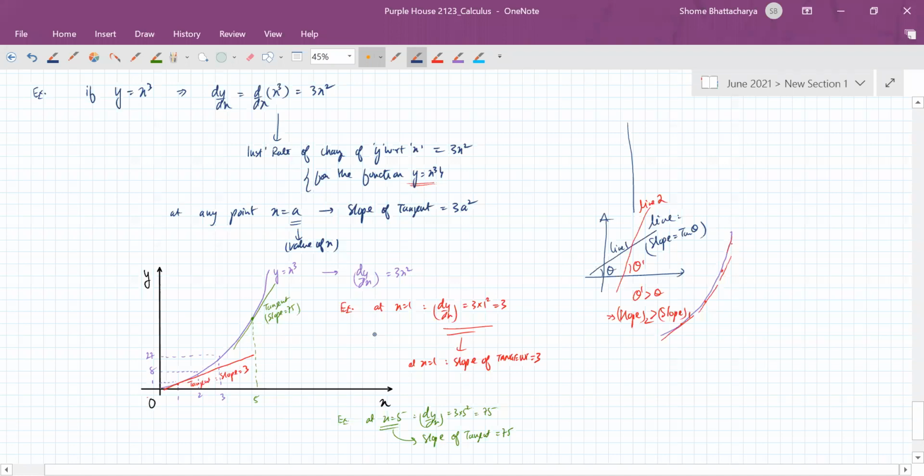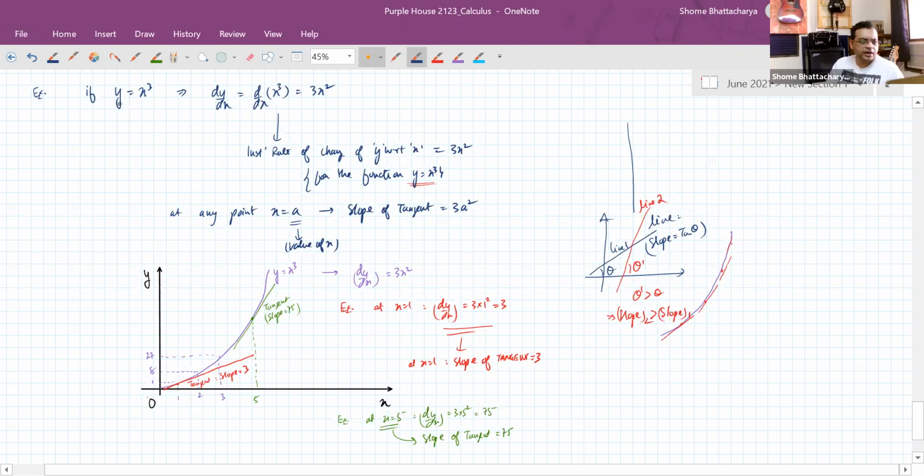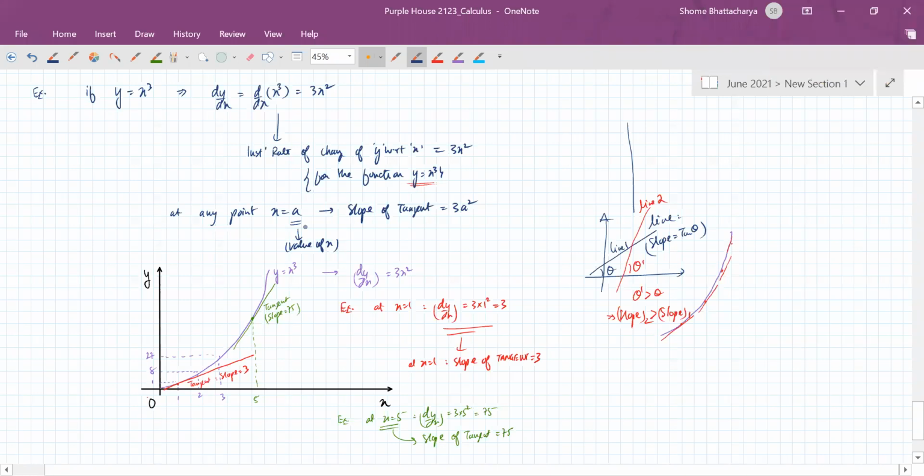That's why, sir, I was asking. We are taking y in consideration, no, beta, because y is a function of x. So the relationship between y and x is helping us calculate the rate of change. Because y is equal to x cube in this case, the rate of change is equal to 3x square. If y had been some other type of function of x, then we would have got a different relation for dy by dx. You're following? Yes, sir. Okay.